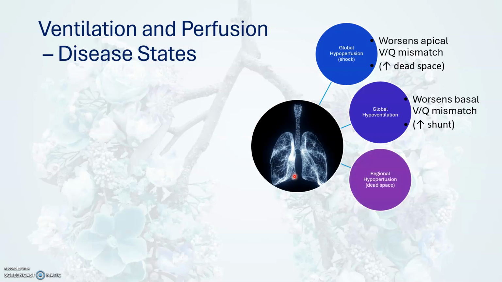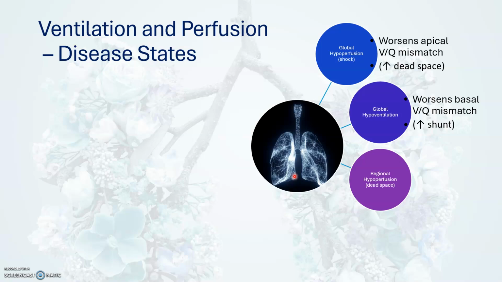Let's think about regional hypoperfusion. Regional hypoperfusion will cause regional areas of increased dead space, areas that are ventilated but not perfused. An example of a disease that causes regional hypoperfusion is pulmonary embolism.